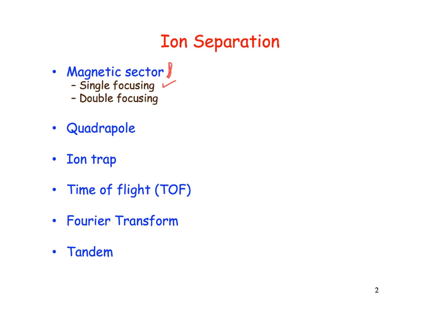We can also stack up more than one of these sectors. So a common one is the double focusing instrument, and this is oftentimes used for high resolution mass spectrometry. And then there's other methods called the quadrupole, the ion trap, time of flight. I don't think I have a diagram for this Fourier transform one.